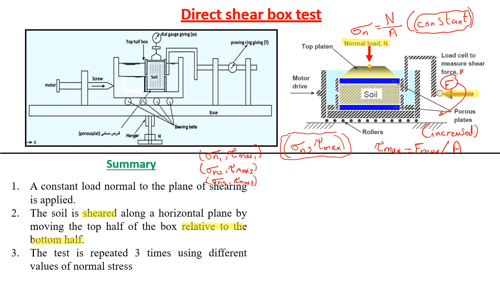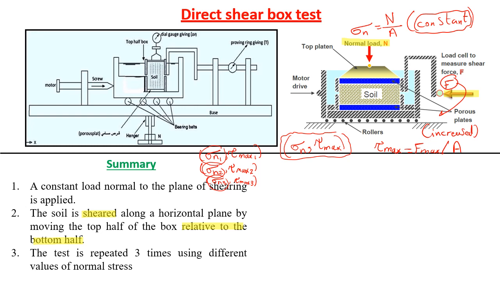So to sum up, you have conducted three tests in the lab. You have three stress states for the soil tested in the lab, sigma normal and tau maximum for each test. Just bear in mind that for each test you use a different constant normal stress.